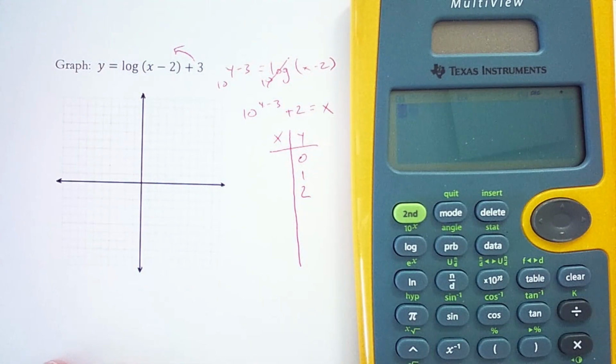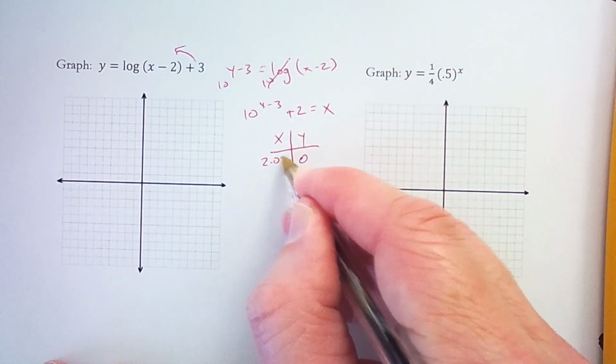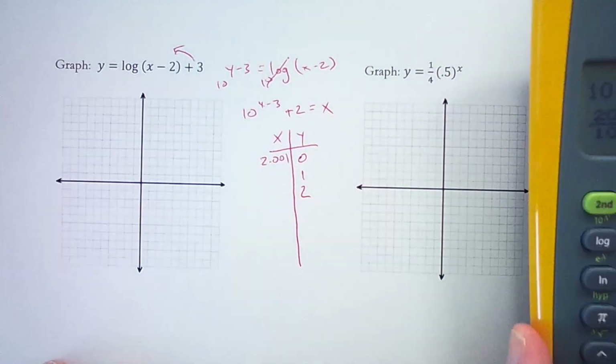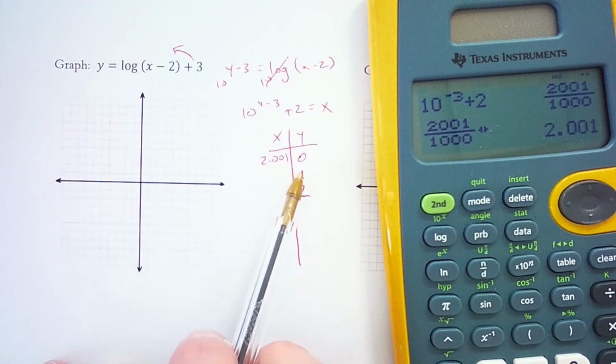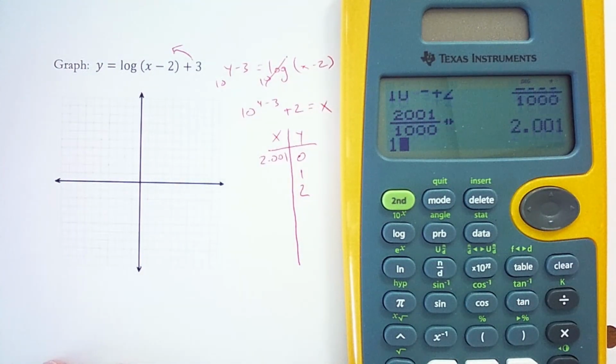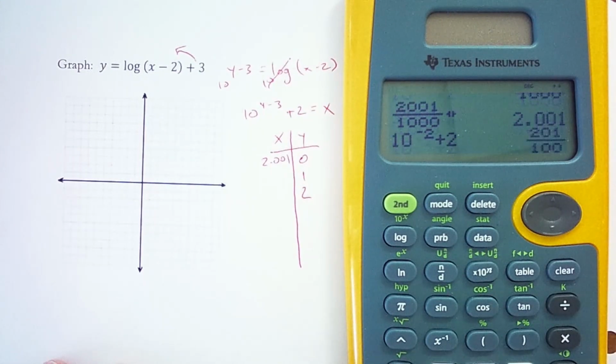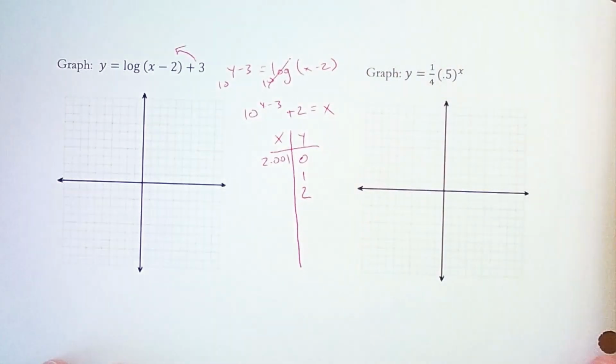So we have 10 to the 0 minus 3, so that's negative 3 power, plus 2, and that's 2.001. Then we'll try y is 1, so that's 10 to the 1 minus 3, so that's 10 to the negative 2 power, plus 2, and that is 2.01.